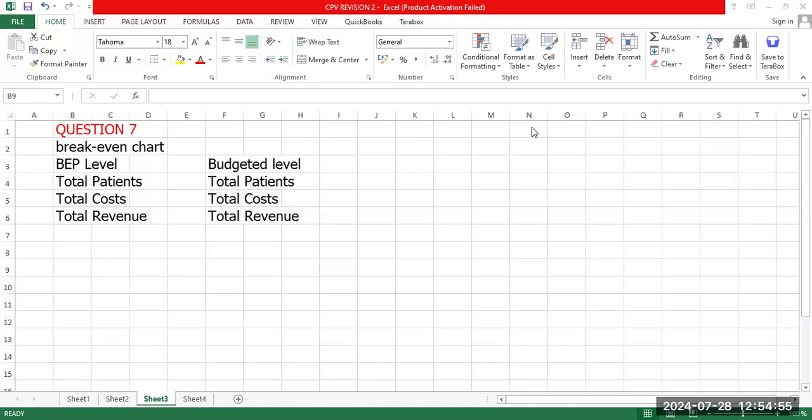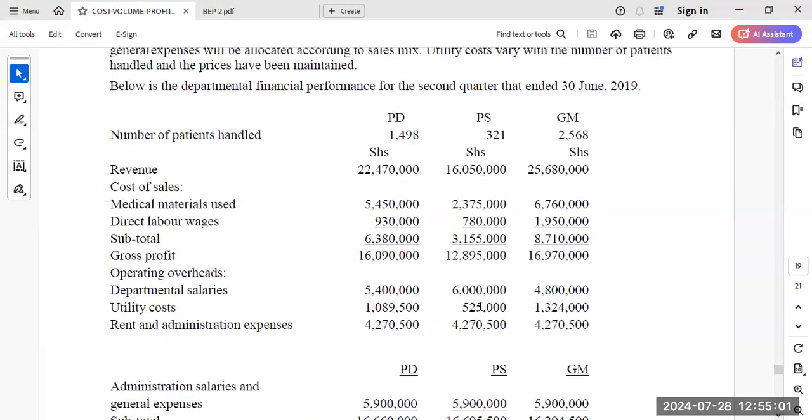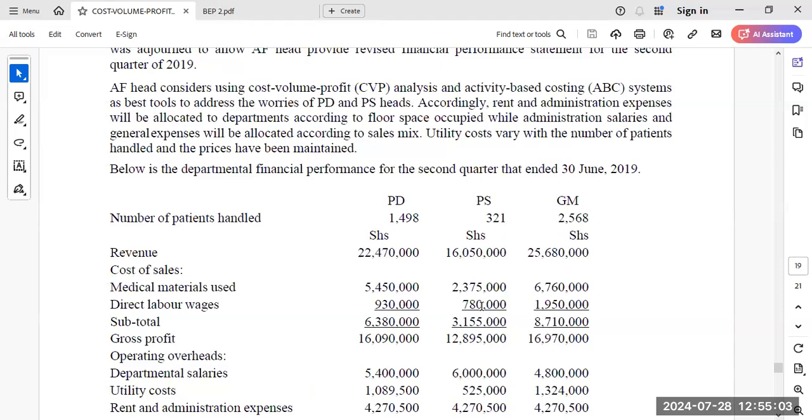Have they given us sales mix somewhere in the question? They didn't give us sales mix anywhere. The sales mix is not specified.